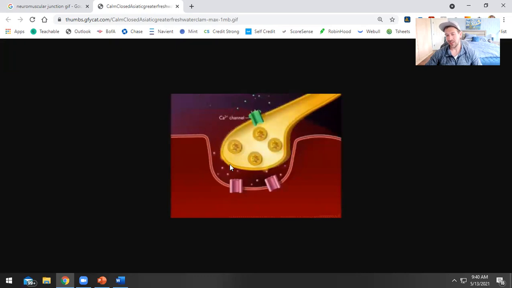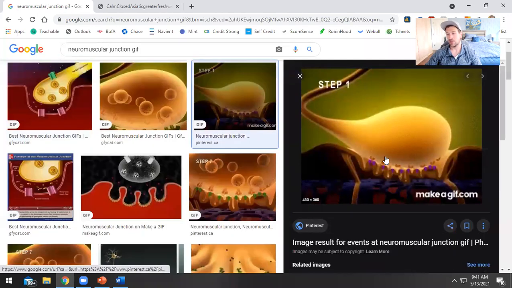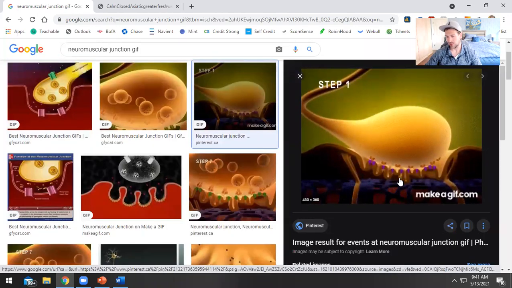And then once it gets to the very end of that neuron, it will release these chemicals, which you're kind of seeing passively sitting in the area right now. Those chemicals live in little sacs and then get released. Those chemicals are called acetylcholine. And acetylcholine will bind to these receptor sites on the muscle cell. And when that happens, the muscle cell will then create its own electrochemical signal.